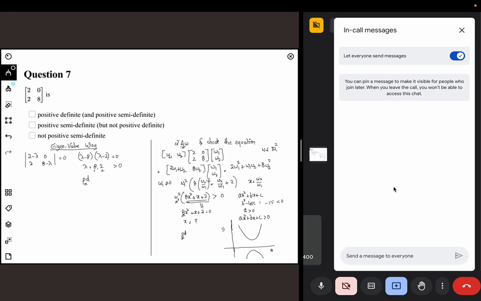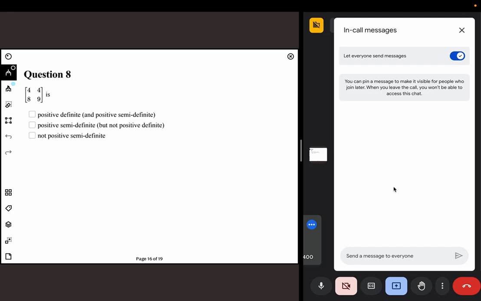Okay. Then maybe you can solve this problem just to be sure that you're familiar with the method. What can I say about this particular matrix?